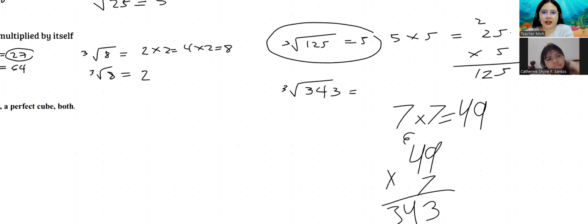Okay, very good. So your answer here, the cube root of 343 is equal to what, anak? 7. Okay, very good. That is 7.